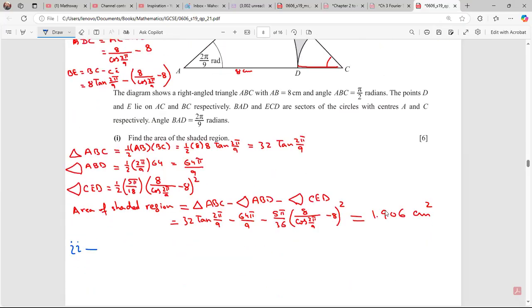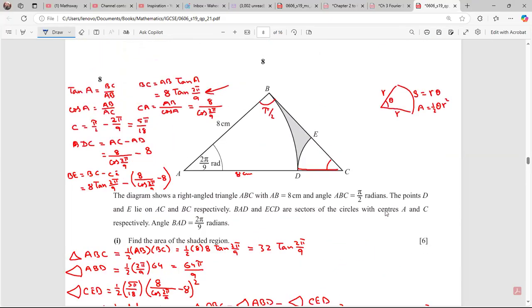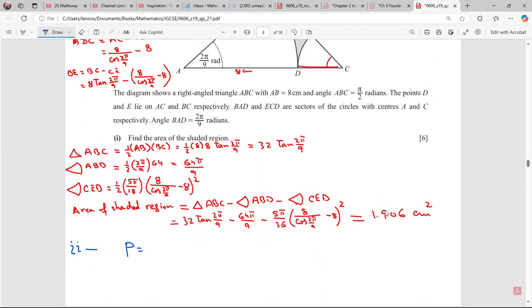Remember I told you that the length of an arc is calculated by this formula: x is equal to r theta. So r is 8 into theta is 2 pi by 9. So this is one arc.